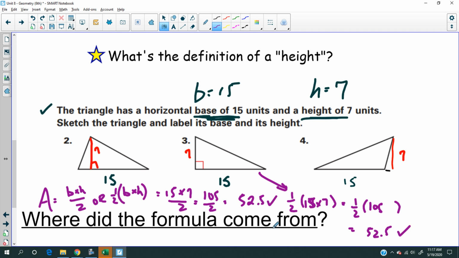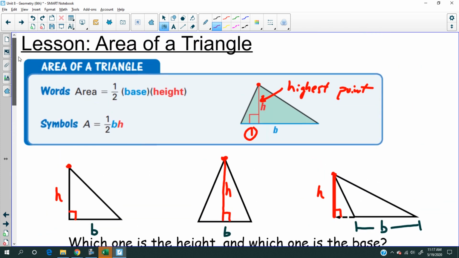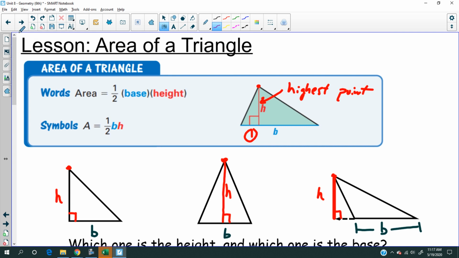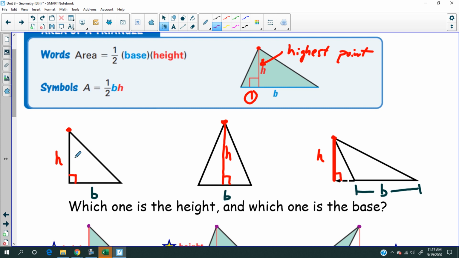Same answer. Okay, so today here's what we've done. Okay, if you wanna stop now, you can, but I'm gonna summarize real quick. Today what we talked about is I gave you the formula for the area of a triangle, right? And then I explained to you definitionally where does a base come from and where does a height come from and what's the definition of a height.